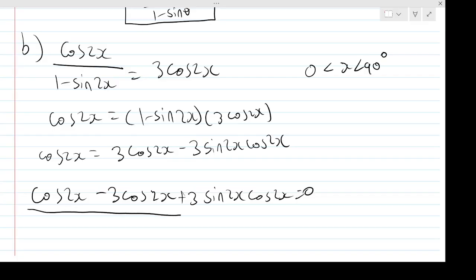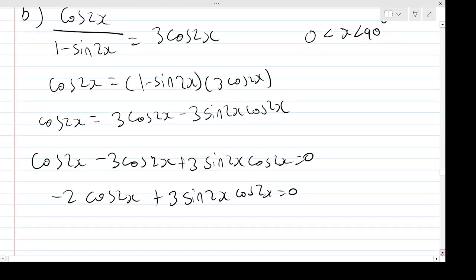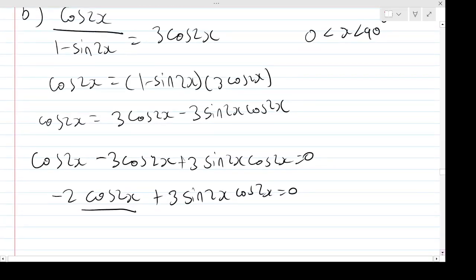Cos 2x minus 3 lots of cos 2x is overall minus 2 lots of cos 2x, just collecting like terms: 1 lot of cos 2x minus 3 lots of it is minus 2. Then I also have the 3 sine 2x cos 2x equals 0. Now what we're not going to do at this point: I notice there's a cos 2x, and I could cancel that out, but I'm not going to divide.